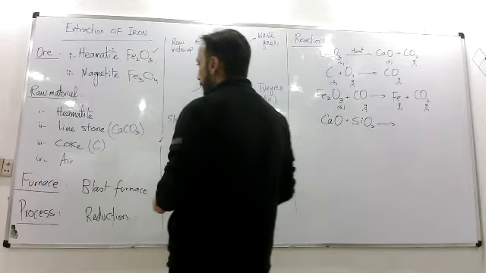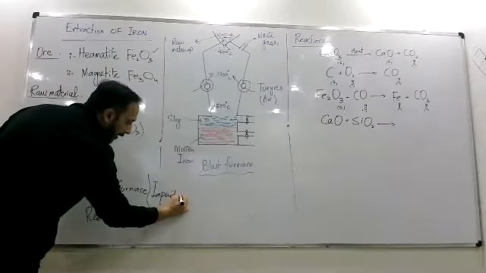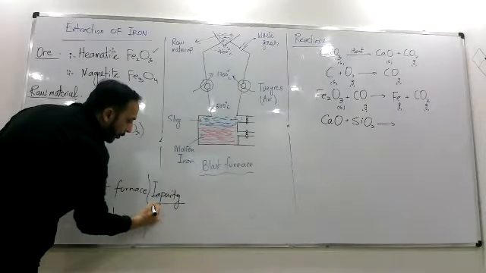Okay, so if you have some space here with the process and all, then add this word, the impurity. Like with the ore, the impurity that comes with the ore is sand, because you get it from the mines and rocks, you know. So with the ore, sand would always come.